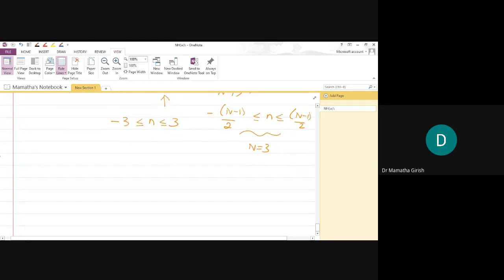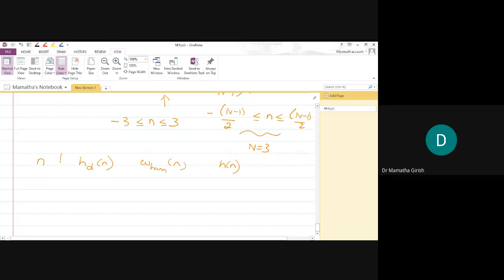What happens if you draw the table for the value of n, the value of hd of n, the Hamming windowing function, and finally the value of h of n?